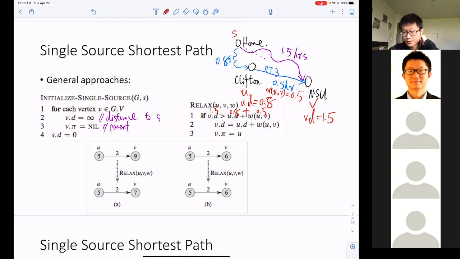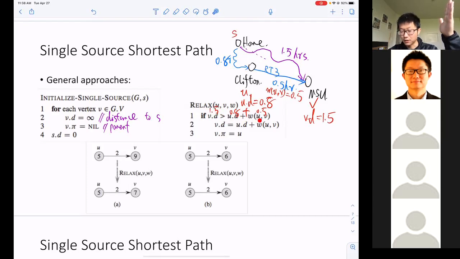Yes. So here you are comparing the distance of the direct route and the detour route. If the direct route takes more time than the detour route, we prefer the detour route, correct? Correct. So that's why we have this if statement.